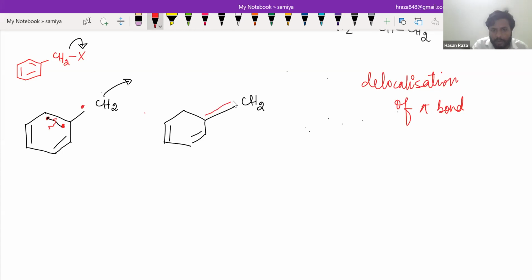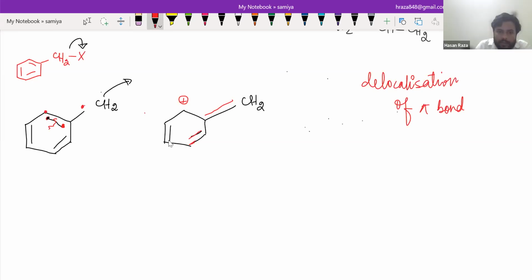That's why it will be a double bond. And now you can see this carbon is donating an electron to this, that's why there will be a positive charge. Is that clear? Please make sure it's clear, because there will be a lot of questions in organic chemistry related to resonance. I'm waiting for your response. Yes, I understand. Very good.